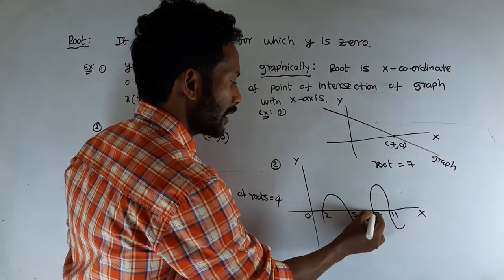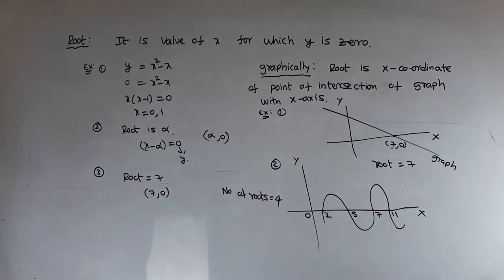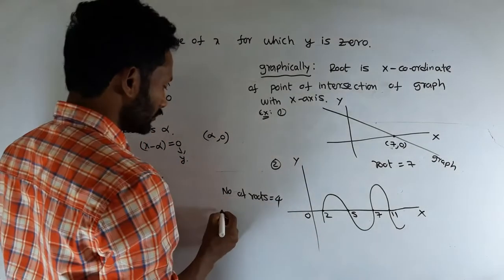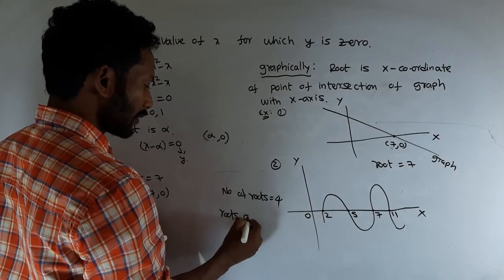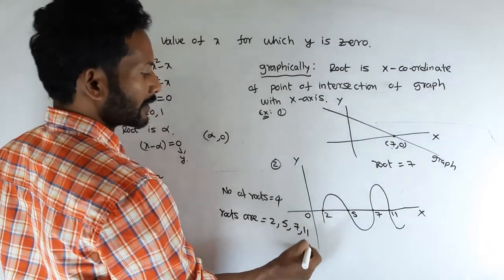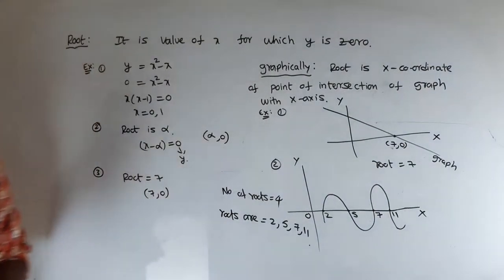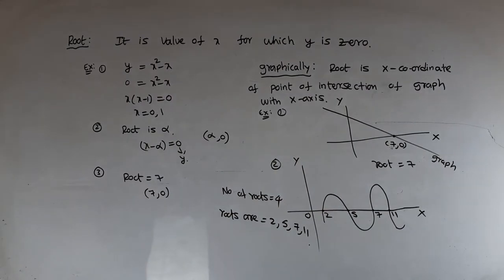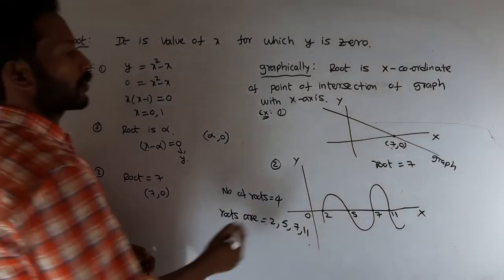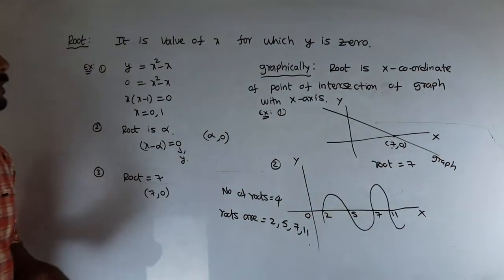So the number of roots is 4. Now what are the roots? 2 is a root, 5 is a root, 7 is a root, 11 is a root. Root is 7 or root is x equal to 7, both are the same.